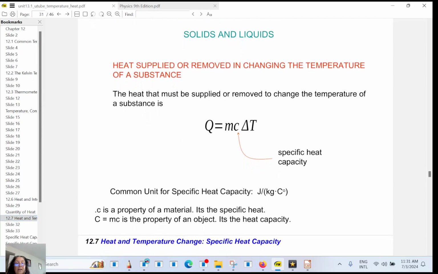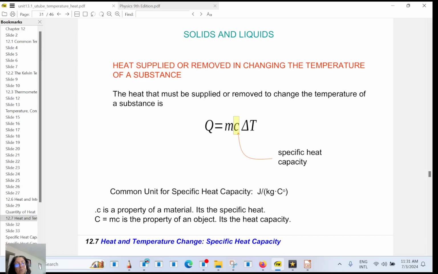Okay, so we can have this relationship here. Q is the amount of heat that needs to be flowing to a substance of mass m, which will be the mass in kilograms, to change the temperature by delta T. And of course, it depends on the substance.